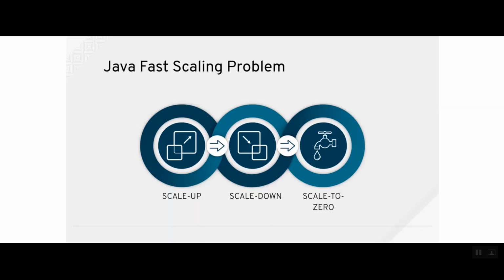Another problem is that Java is a bit slow to start up. It takes time to warm up. It takes time to load all the classes and everything it needs to do. The JVM is built for a different time, where you start up a single process and keep it running for as long as you can. Whereas in the cloud, it's more the opposite. You want to write microservices or functions as tiny as possible and only run them when you really need them.